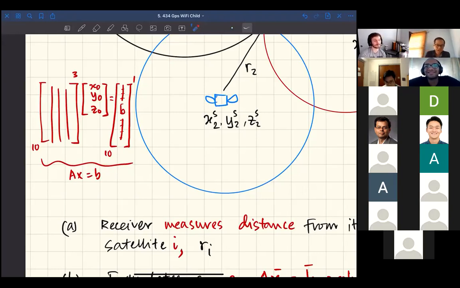Agree? Yes. Now tell me, how many solutions are possible for X0, Y0, Z0? Shouldn't it just be just 1? Just 1. Okay. Anyone else?